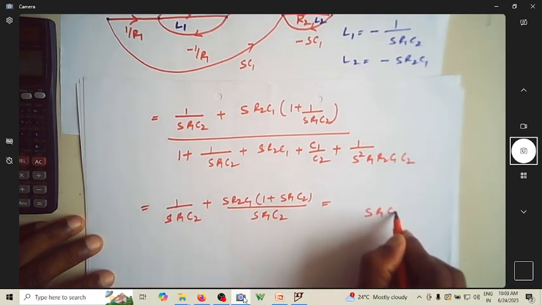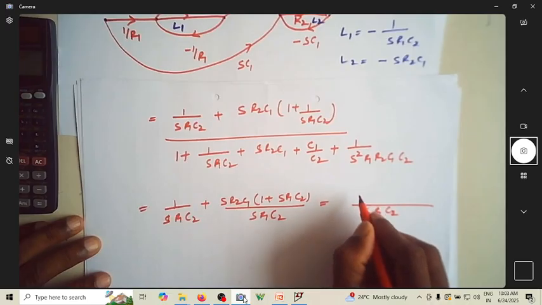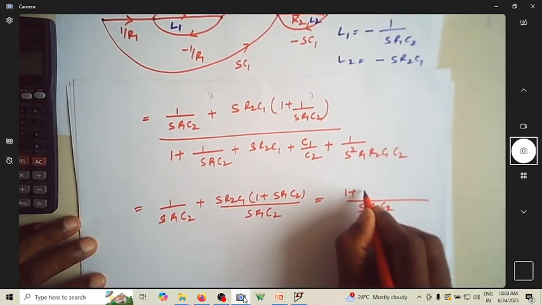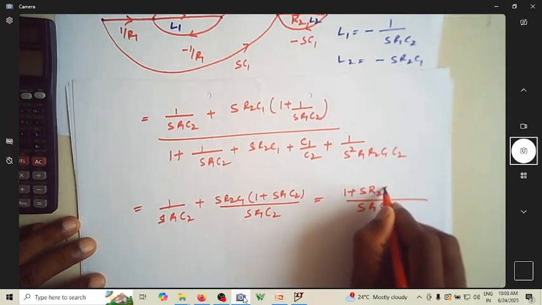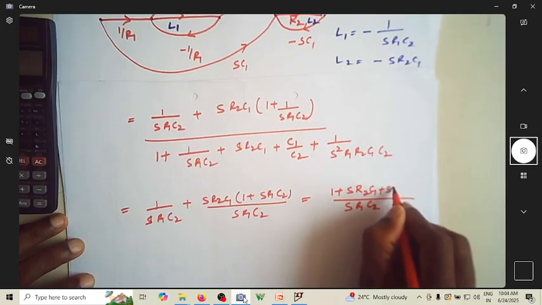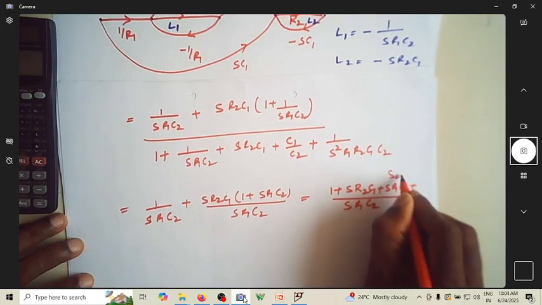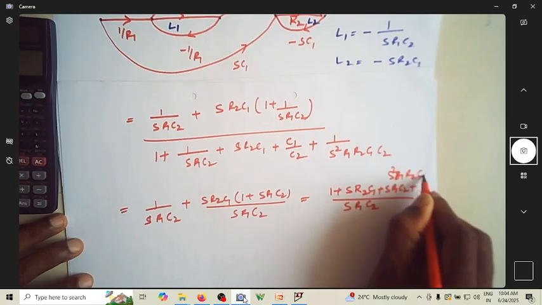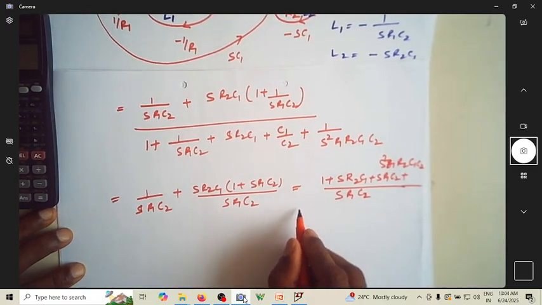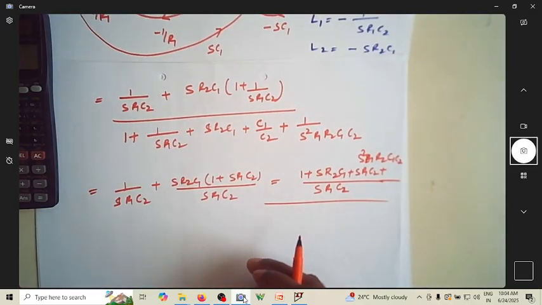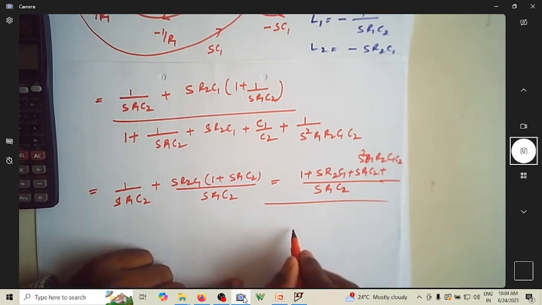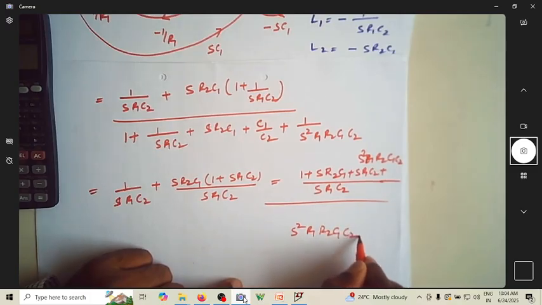It will become S R1 C2 divided by 1 plus 1 plus S R2 C1 plus S R1 C2 plus S square R1 R2 C1 C2, whole divided by, if you take the LCM of this, so you will have S square R1 R2 C1 C2.